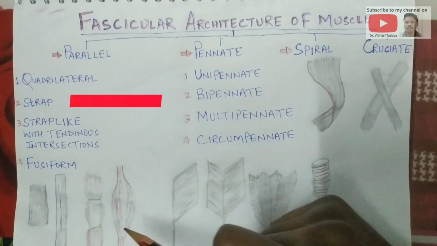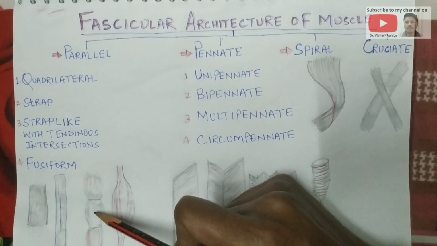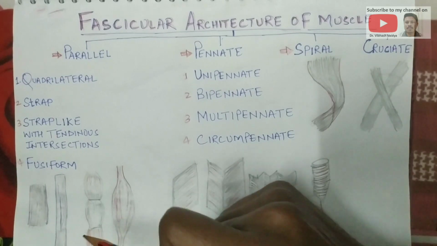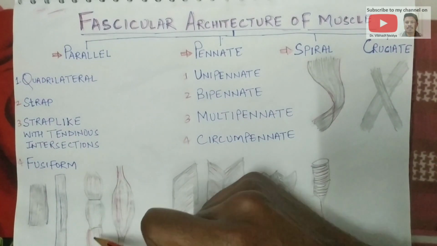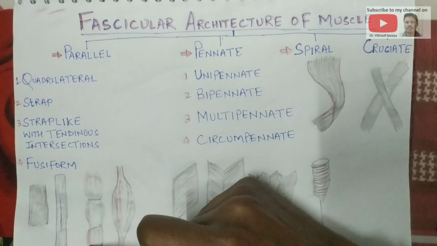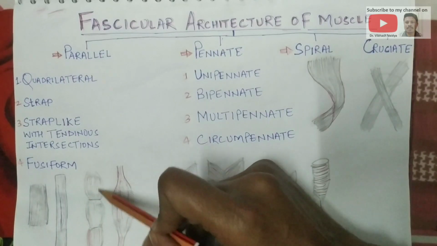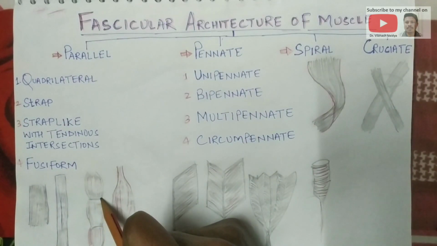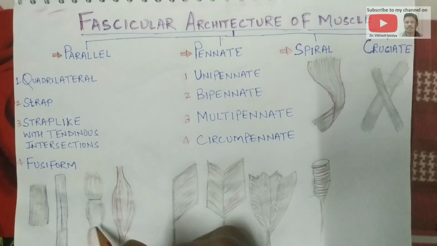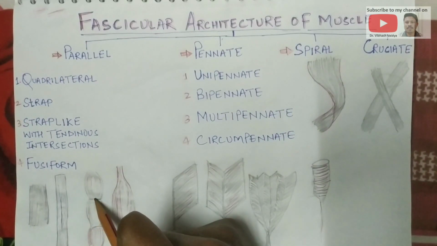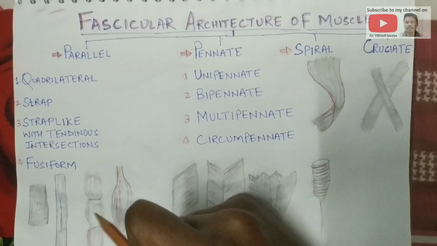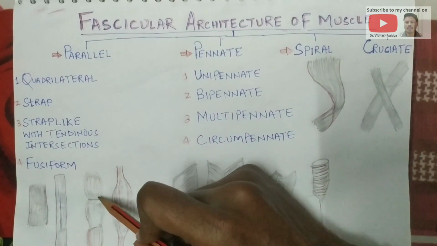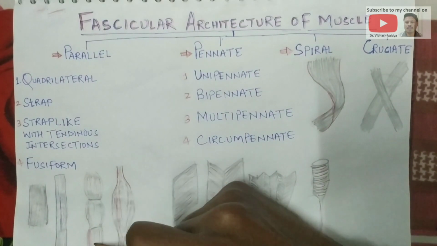Then the strap-like muscle with tendinous intersections. You can appreciate here it is almost a strap-like muscle, but it is subdivided by tendinous intersections, which divide this strap-like muscle into a number of bundles.